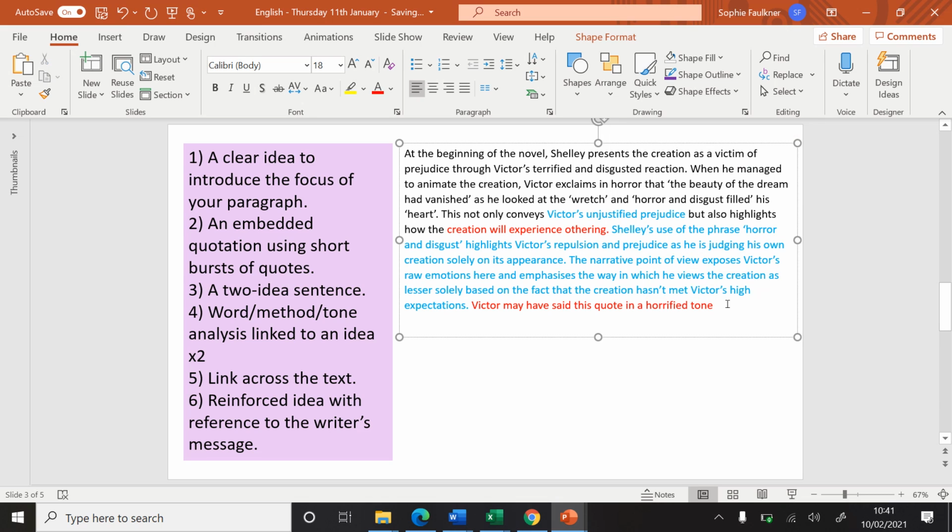Victor may have said this quote in a horrified tone to convey the unfair treatment of the creation, establishing how the creation will be continuously othered as a result of the judgment of his character based on his outward appearance.